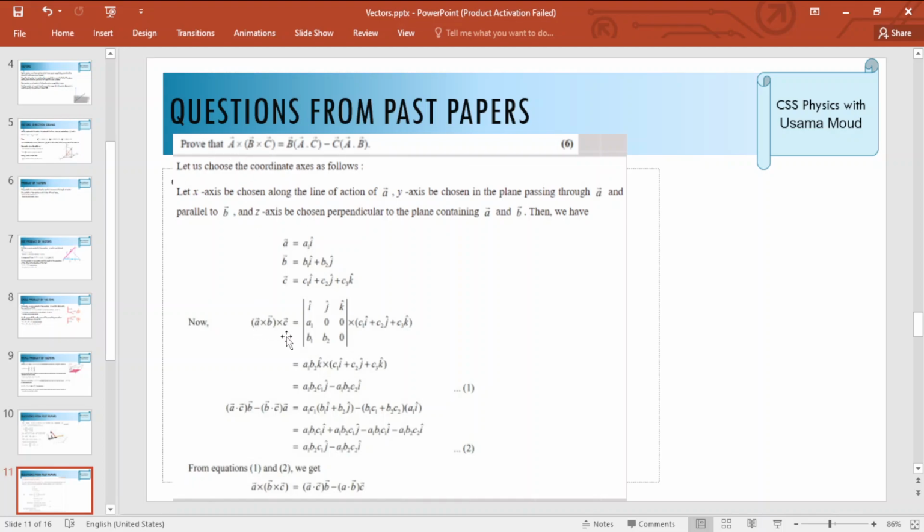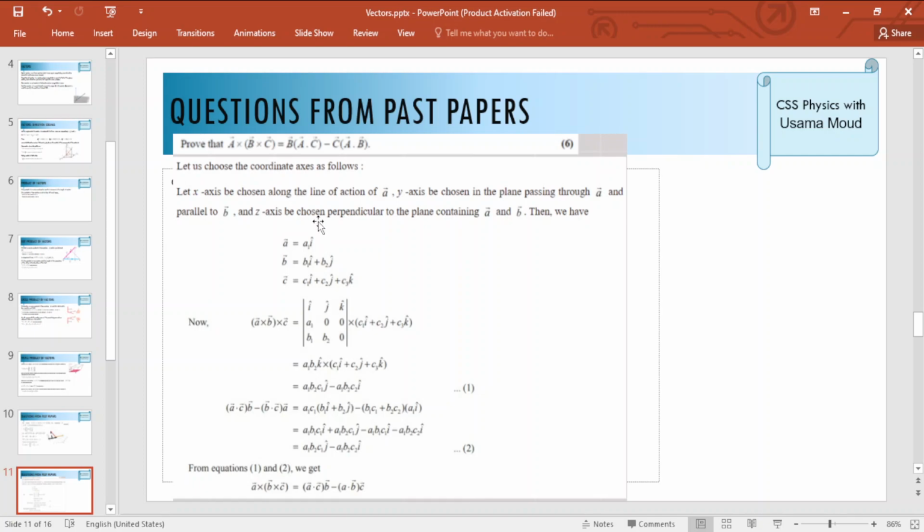Now when we solve it, this is A cross B and this is C. A cross B is only this component, which means that when we open the determinant we have only the k component. When we cross this k component with the C vector, k cross k would be 0, and we shall get only the j and i components from here.